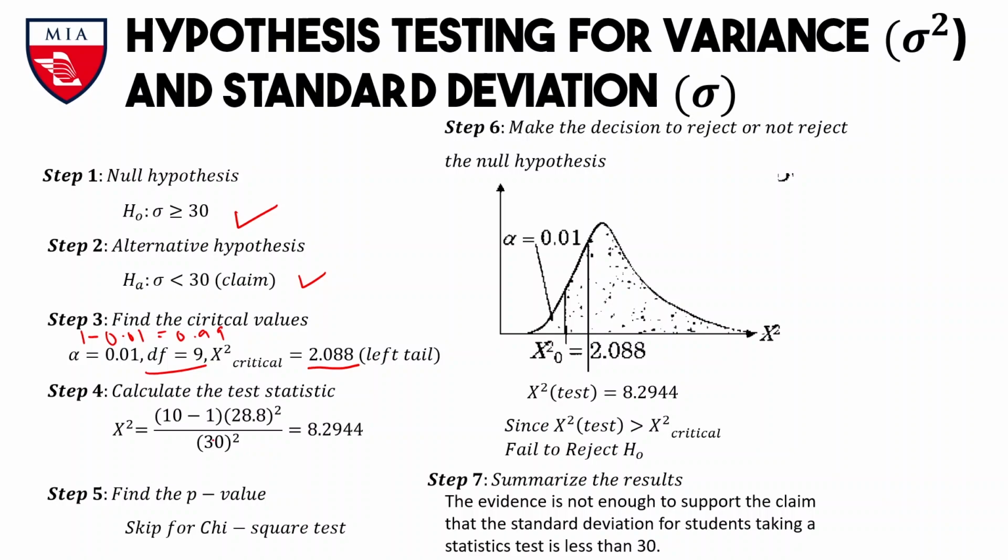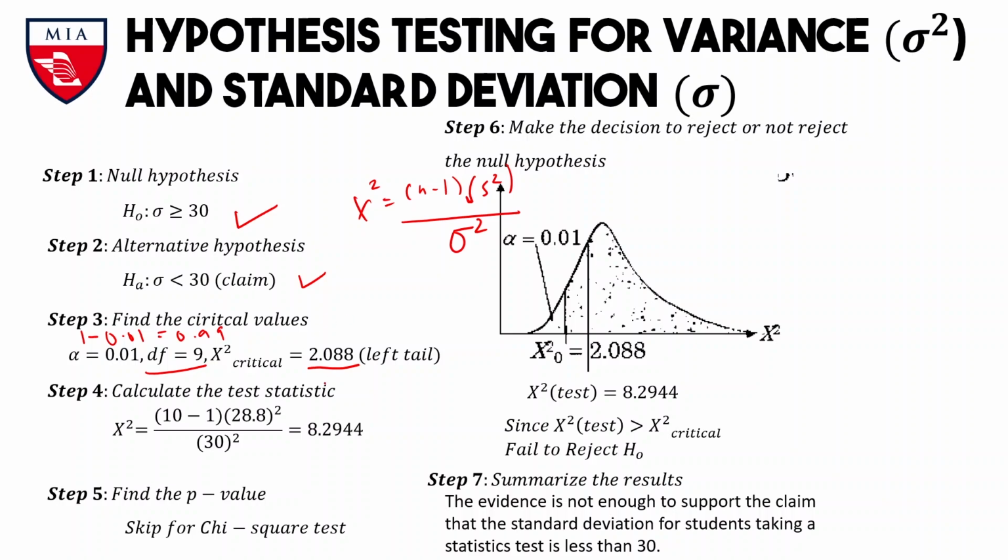So let's calculate the test statistic. Chi-square is equal to n minus 1 multiplied by s squared all over sigma squared. So 10 minus 1 multiplied by 28.8 squared.